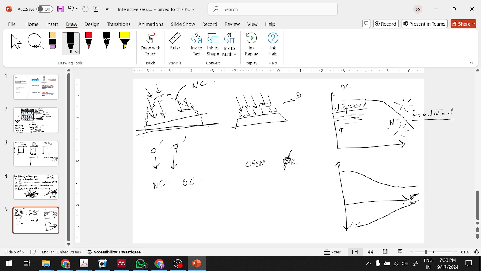Okay, and they will try to reach an equilibrium void ratio. This is the critical void ratio. Okay, and in its critical state, the friction angle is the critical friction angle.